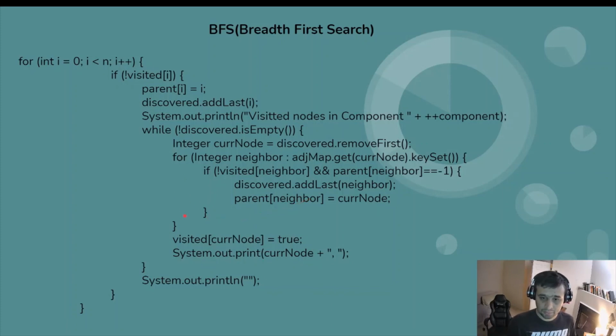For all the neighbors that we find undiscovered and unvisited, we will mark them as discovered, and we will mark the parent of those nodes appropriately. Once everything is done for all the neighbors, we will mark the current node as visited, because from now on we are not going to come back to this current node.